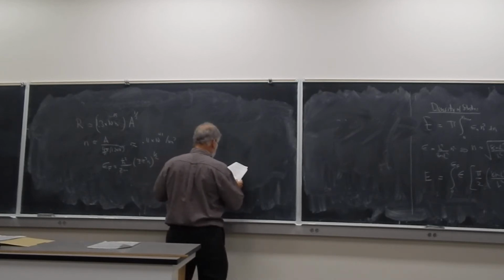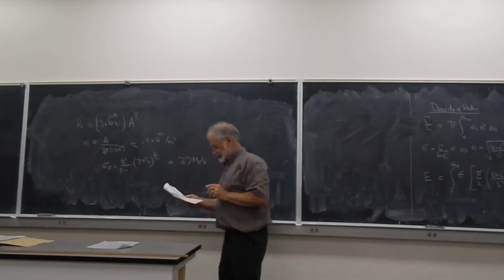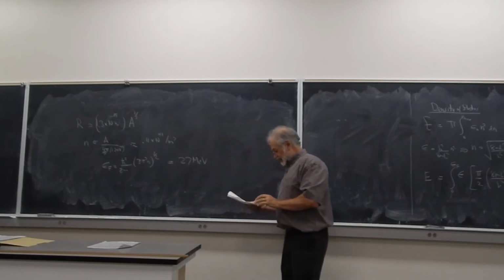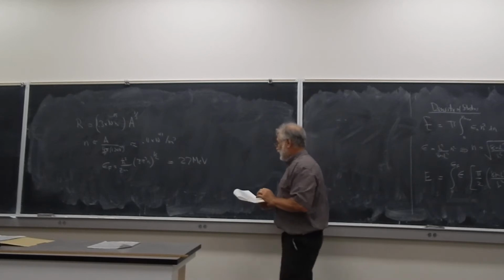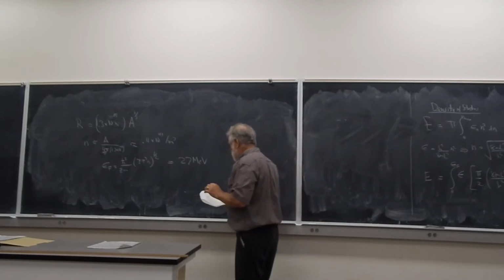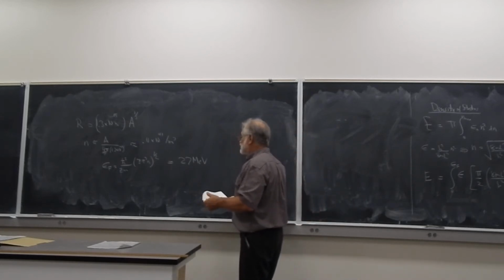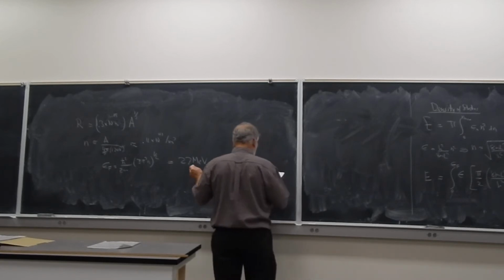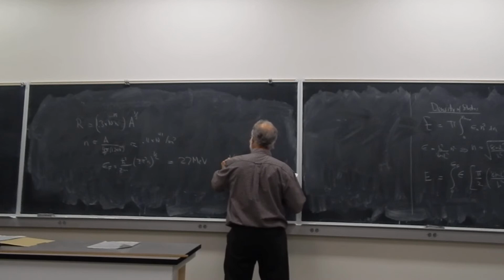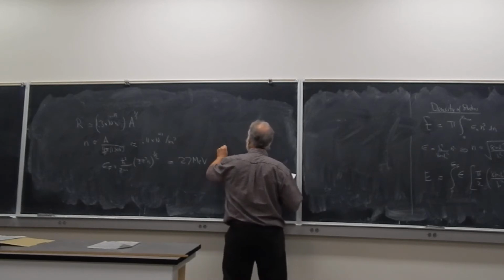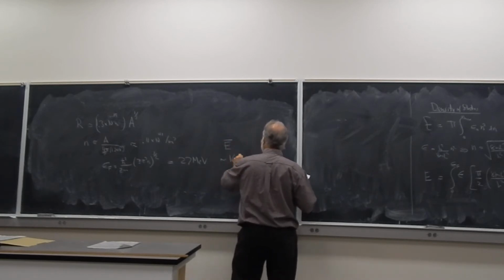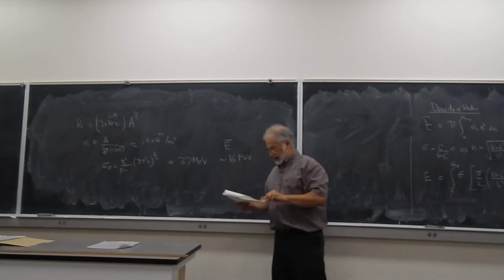Put all my numbers in, I'm going to get something on the order of 27 MeV. The average kinetic energy of a particle in a degenerate Fermi gas is 3/5 times the Fermi energy. So in nuclear matter, the average kinetic energy is about 16 MeV per nucleon.